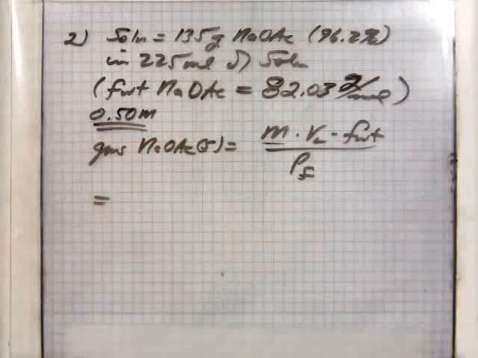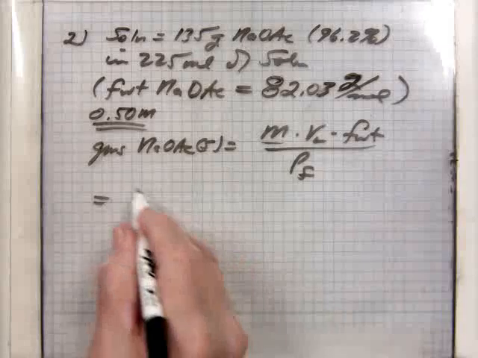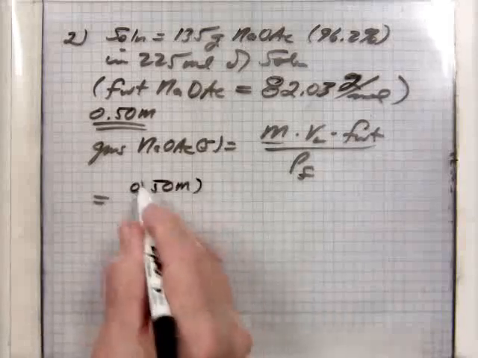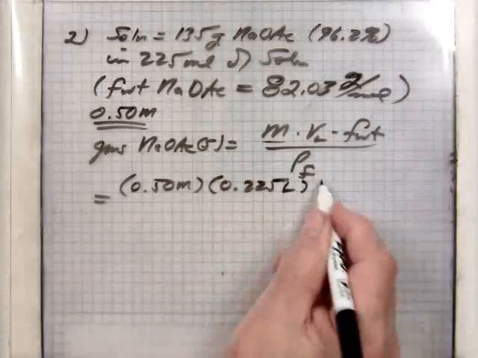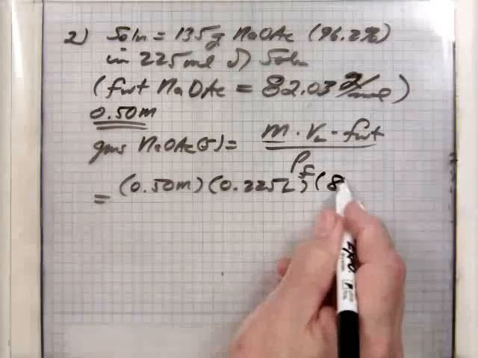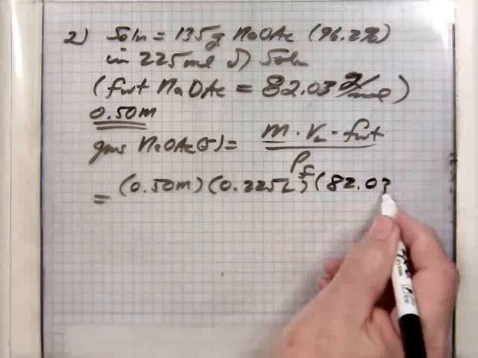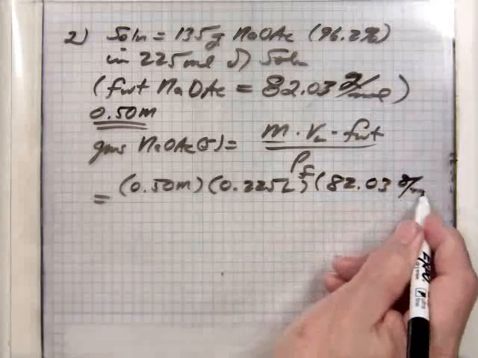You have to have a concentration. So 0.50 molar times 0.225 liters times 82.03 grams per mole.